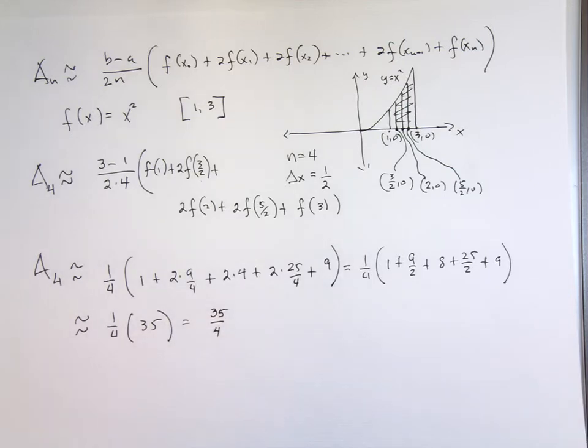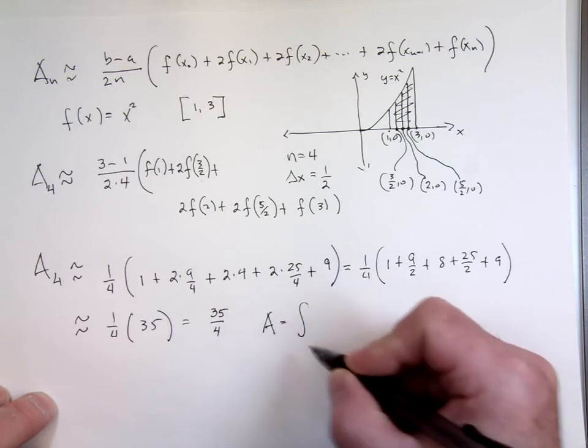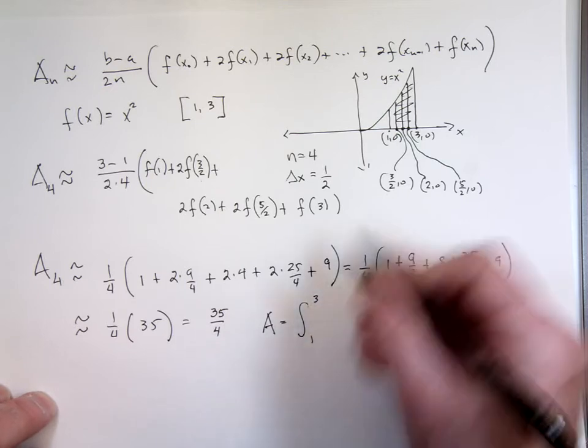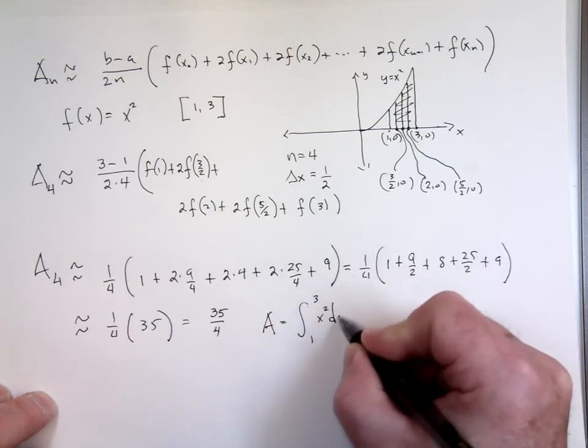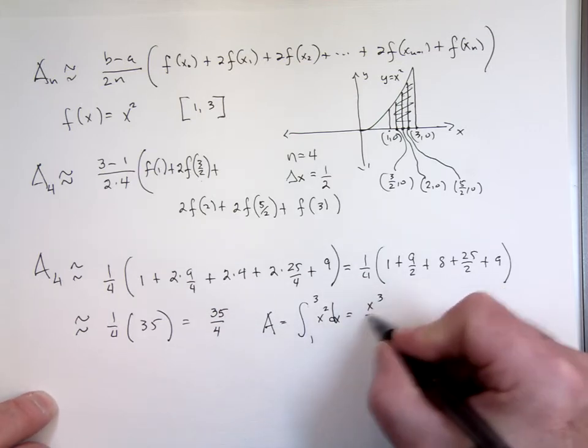8.75, 8 3/4. How good an approximation is this? Well, let's find out. The exact area is the integral from 1 to 3 of this function. The exact area is x cubed over 3 from 1 to 3.